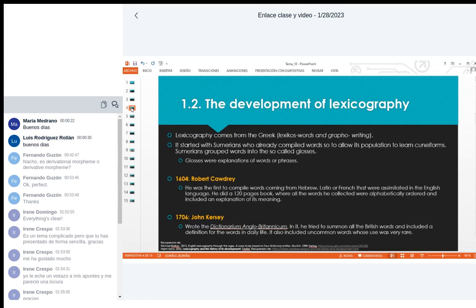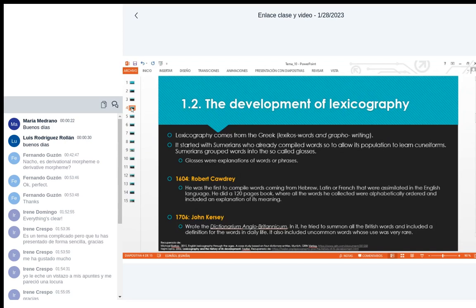Regarding the evolution of the English language, certain linguists have explored how to make a dictionary. The first of them, in the 17th century, was Robert Cawdrey, who was the first one to compile and collect the words that appear in the English language.